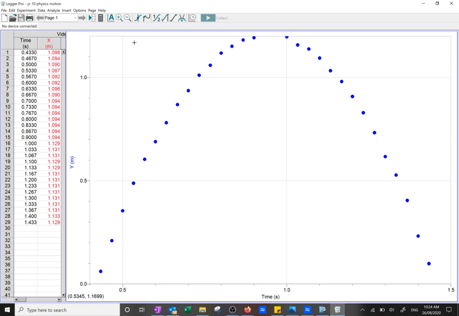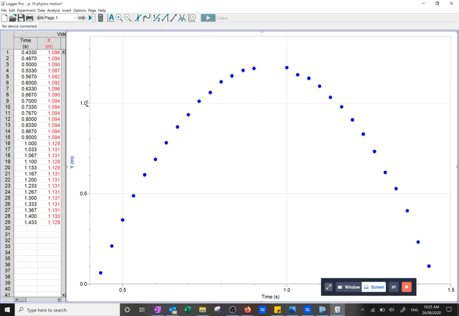I threw it up and then I caught it. And then I stopped tracking. So this is the motion of the object as it was in the air. It started off at a certain height, it traveled up to a certain height, and then it came back down. Now, looking at this, I could do a number of things. I can bring this down. I could maybe click here.